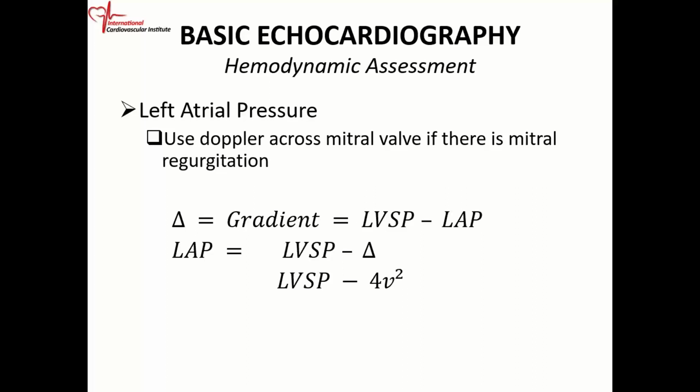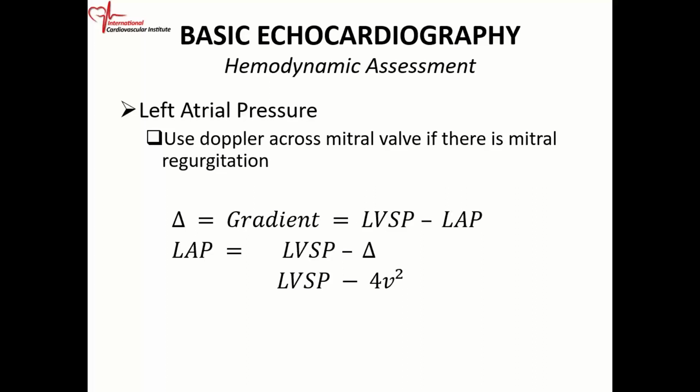Again, using gradients. If we look at mitral regurgitation, mitral regurgitation is blood flowing from the LV across the mitral valve into the left atrium, and that's a systolic phenomenon. So there has to be a pressure difference for the blood to be flowing from the LV across the mitral valve into the left atrium.